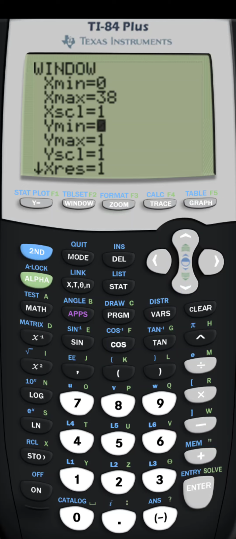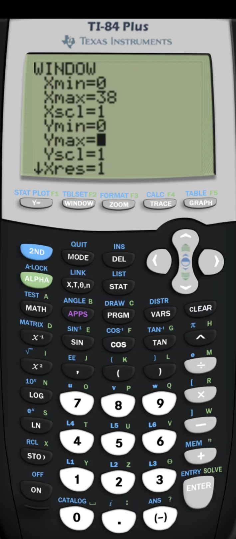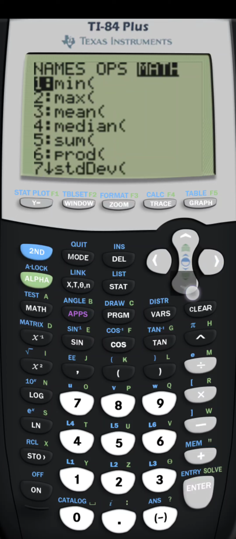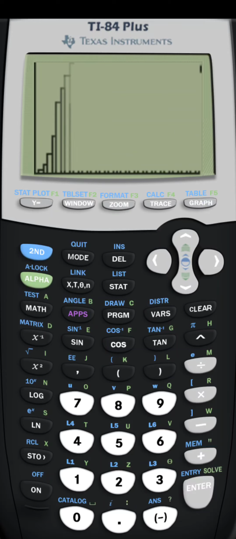There's a way we can get this. We can take the max of the relative frequencies to figure out what the maximum y should be. Alright, there we go. So let's hit graph again. Alright, and then we should probably shorten the X window so we can see the whole thing.